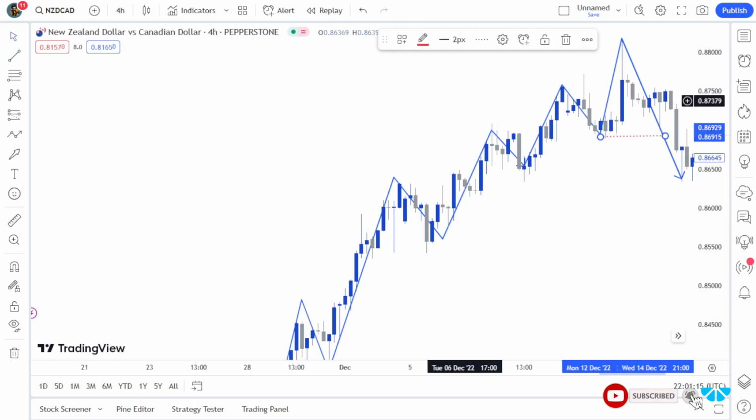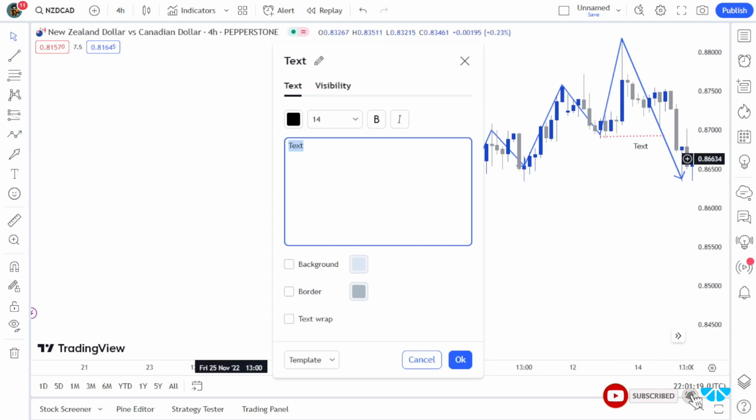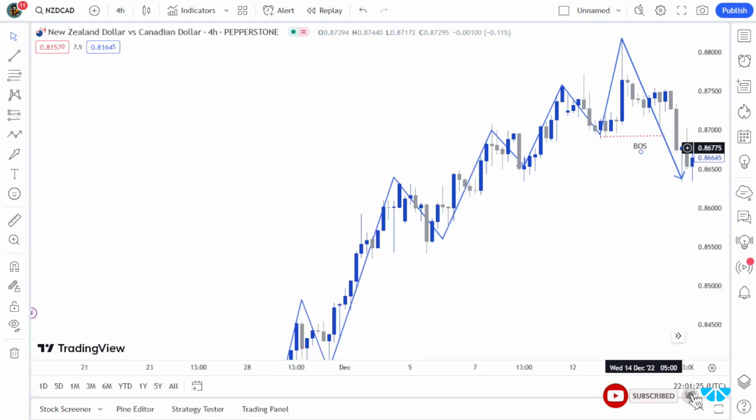We can just add a text so we don't forget BOS, which is our break of structure.